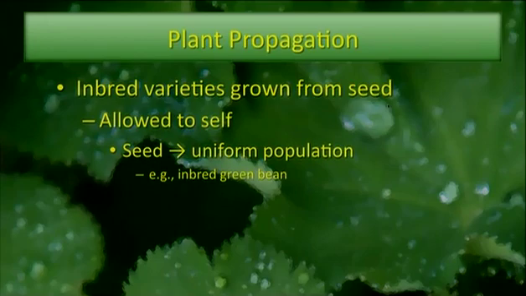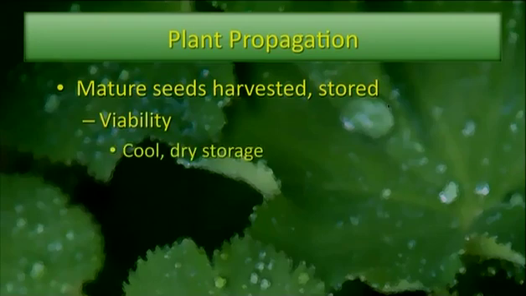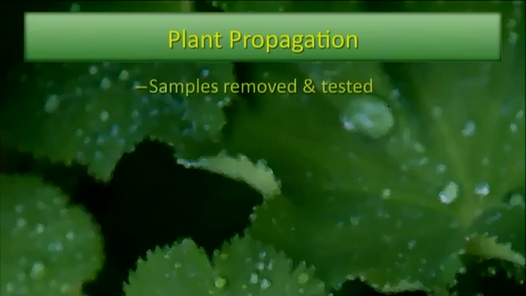Then the mature seeds are harvested and stored, and they need to be viable, or still alive. Viability is best maintained in cool, dry storage, for viability and vigor. Samples are removed and tested for viability and vigor.